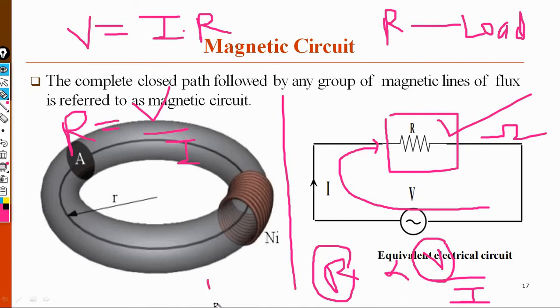That means resistance increases, then voltage also increases, but current will decrease according to Ohm's law, that is V is equal to IR. Now this is the difference between magnetic circuit and electric circuit.